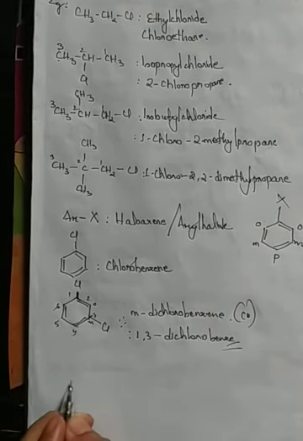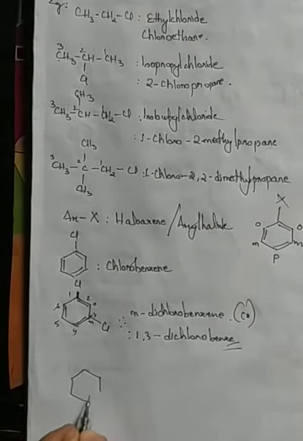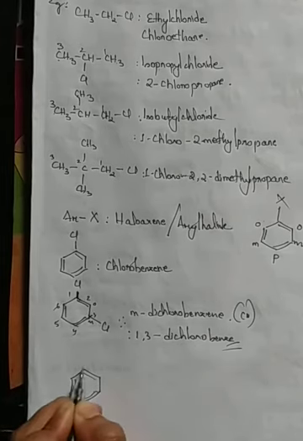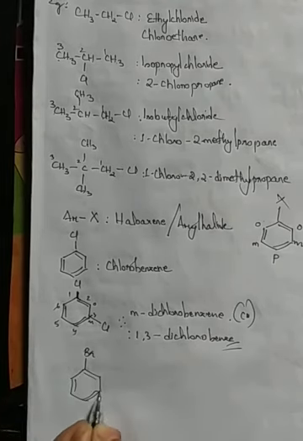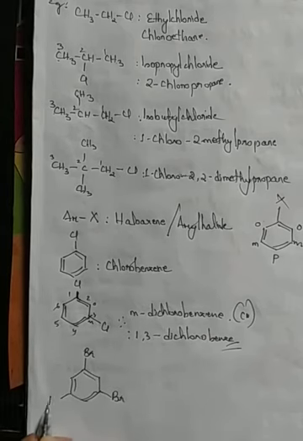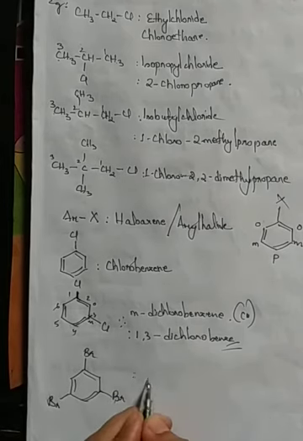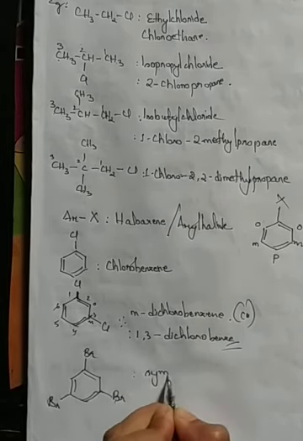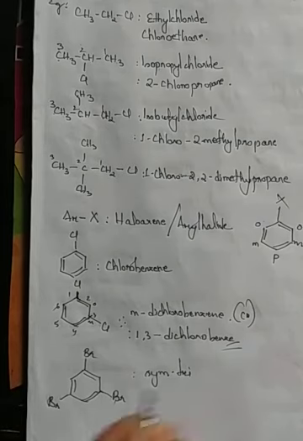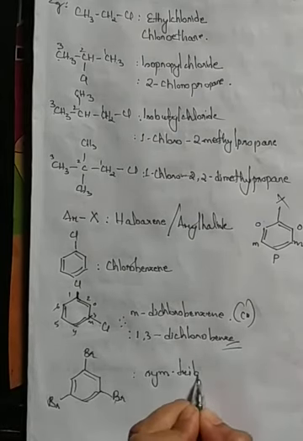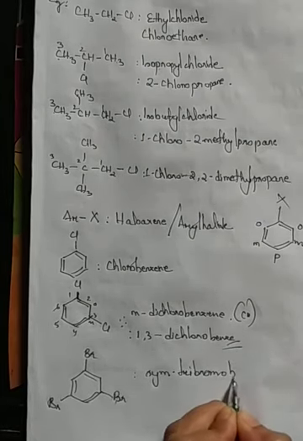Now the third example. Suppose let's take our bromine atom here. Three bromine atoms are attached. This is an example of a symmetrical haloarene. Therefore the common name here will be sym, symmetrical tribromobenzene.